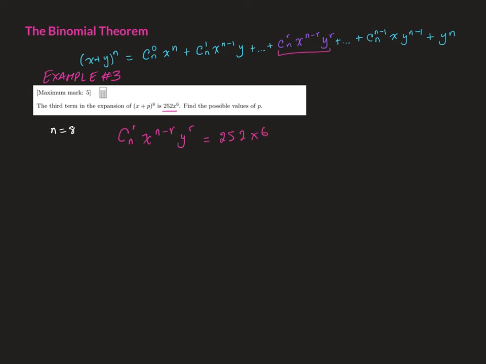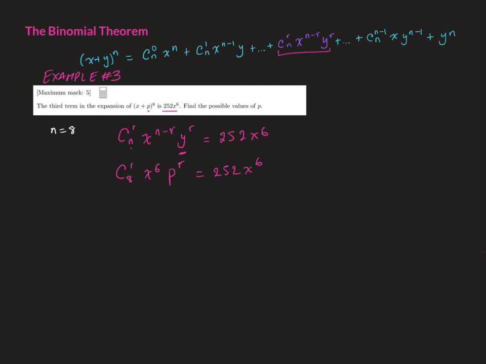And now I'm going to substitute y with p and n with 8. So I get C(8,r) x to the power 6, since the power of x that I want is 6, and y I'm substituting with p. So p to the power of r should be equal to 252 x to the power 6.